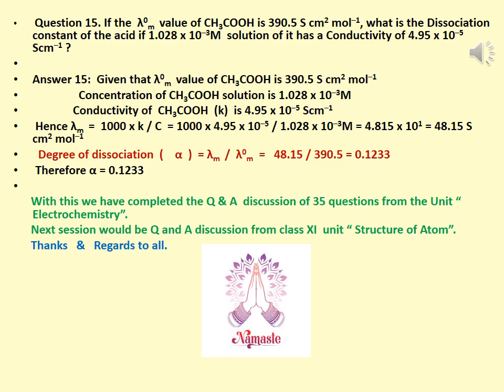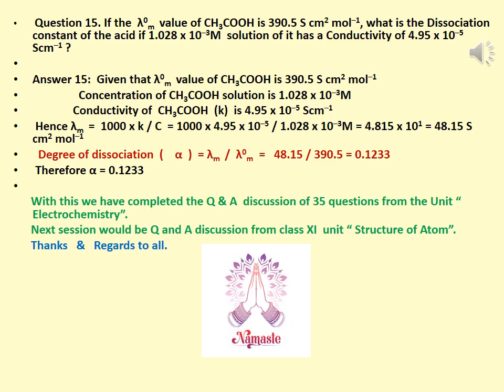Therefore, the ratio between lambda m and lambda naught m will give us the fraction of the electrolyte which is dissociated, that is alpha, degree of dissociation. So it's a simple numerical, but here we have not touched upon degree of dissociation type of problems. So let's calculate lambda m.